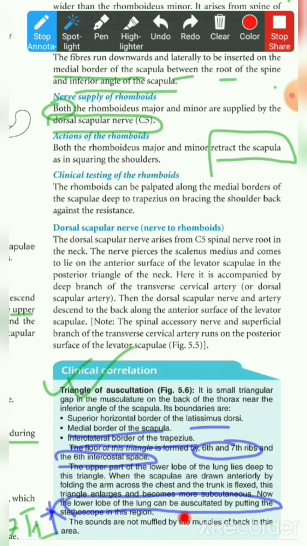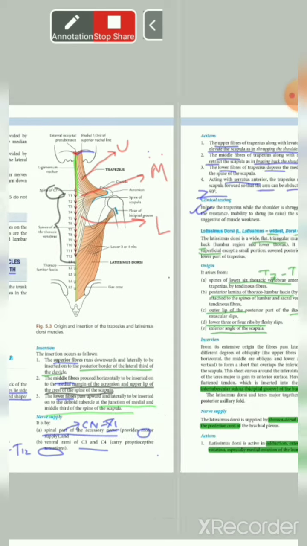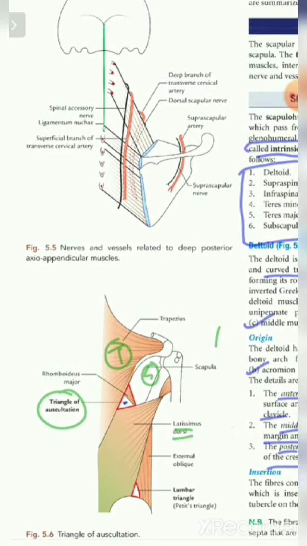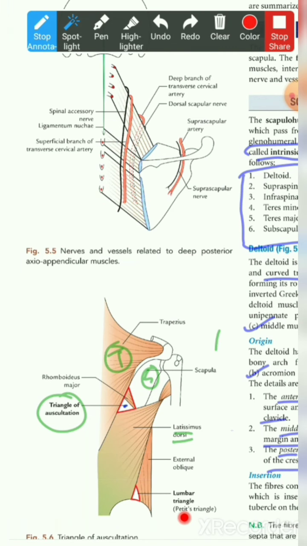So let's see this area. This is the triangle of auscultation, this small triangular red area.